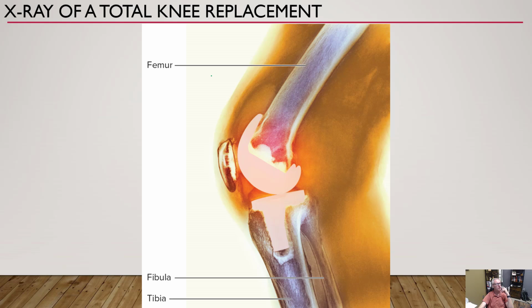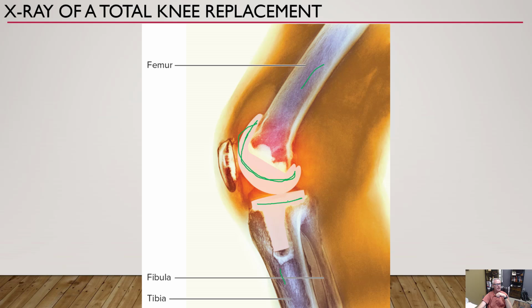So here we're actually replacing a knee. So there's your femur and your tibia. For your knee, remember we're doing large joints, so we're going to use steel or titanium. We're going to shave off the end of the femur, and we're going to put a cap on the femur.